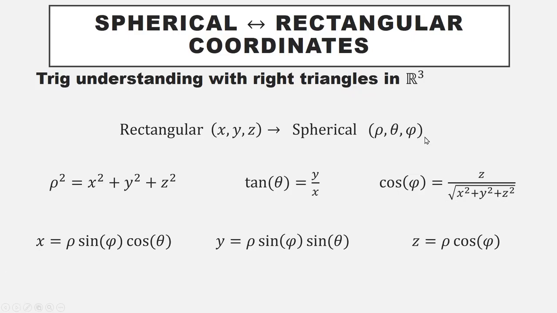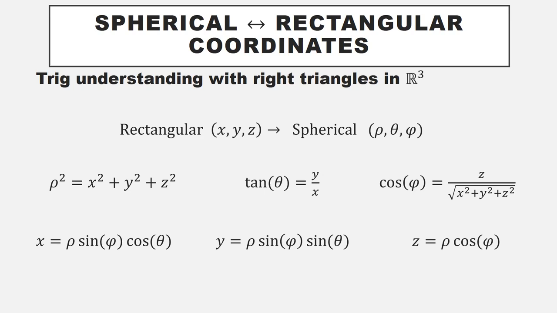Now, if we have spherical coordinates and we want to get to x, then we do a very similar thing to what we did in polar and in cylindrical. X is going to be rho times sine of phi times cosine of theta. It's not just rho times cosine of theta because now our rho is in three-dimensional space. And then y is going to be equal to rho times sine of phi times sine of theta.